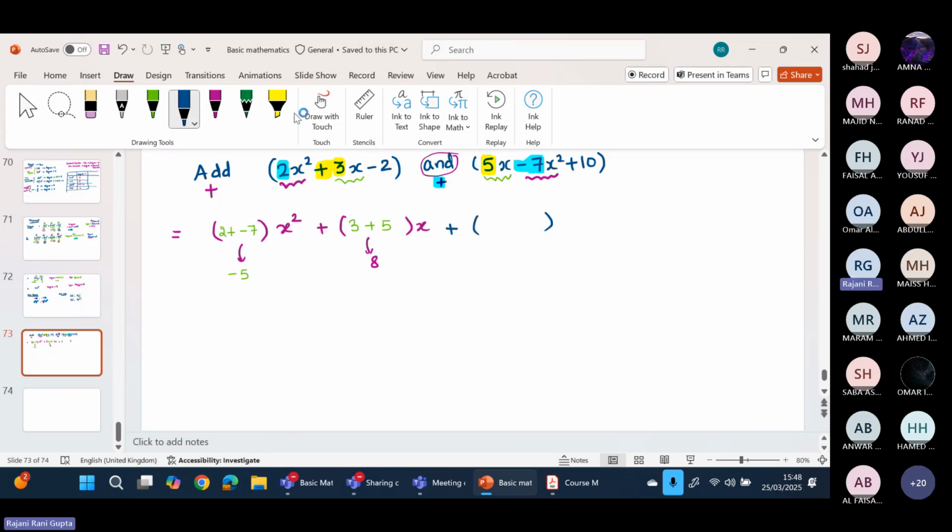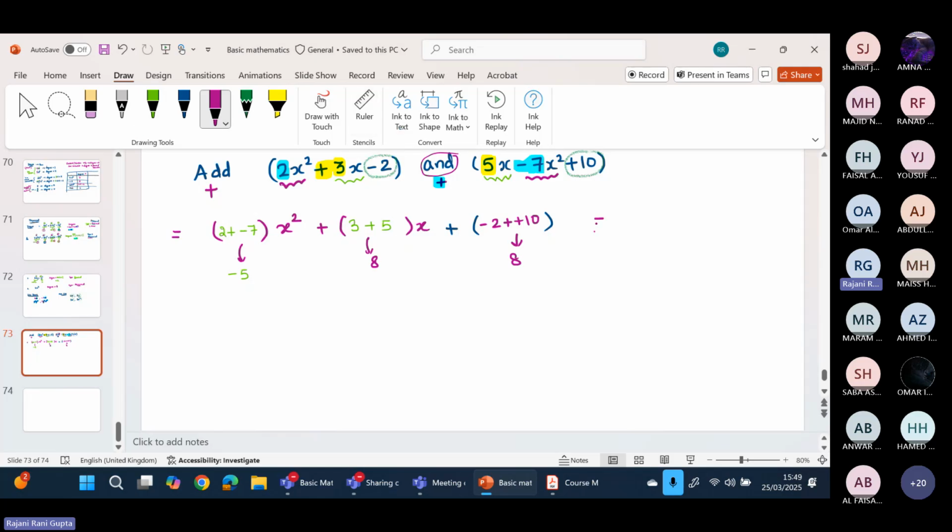You have constants. The numbers here are minus 2 and plus 10. Write it the same way: minus 2 plus 10, which is 8.